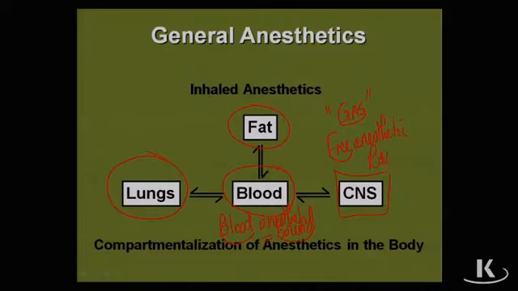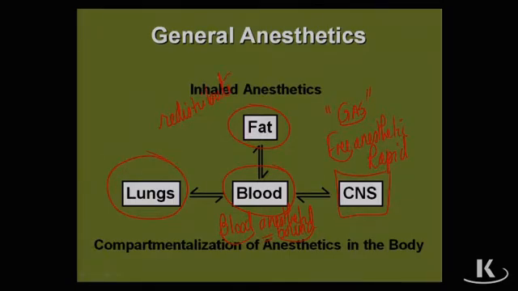If you remember well your general principles, there is a different chronology in reaching those two tissues. Because of high vascularization of the brain, the free anesthetic will very rapidly reach concentrations in the CNS that would be associated with the anesthetic effect. But just as rapidly, it will redistribute to lipid tissues.